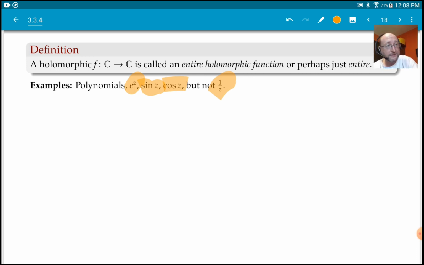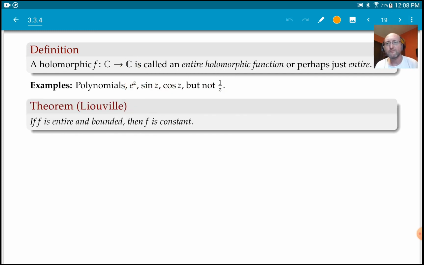So it's supposed to be a complex valued holomorphic function defined on all of C. And that's going to be the point of the fundamental theorem of calculus, that 1 over z is not entire, or something like 1 over z. All right, so Liouville's theorem says that if we have an entire bounded function, then f is constant.